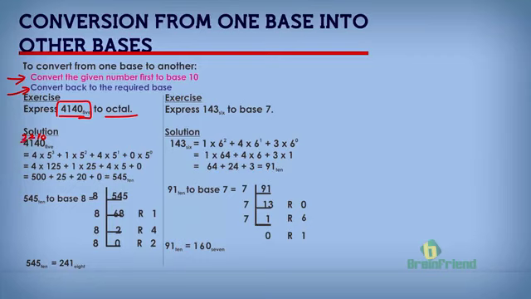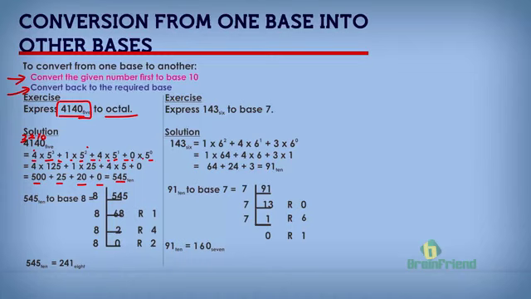We have 4 times 5, being the base, raised to power 3, plus 1, the next number, times 5 raised to power 2, plus 4 times 5 raised to power 1, plus 0 times 5 raised to power 0. All of that is simplified to give us 500 plus 25 plus 20 plus 0, and that gives us 545. So 4140 base 5 is 545 base 10.